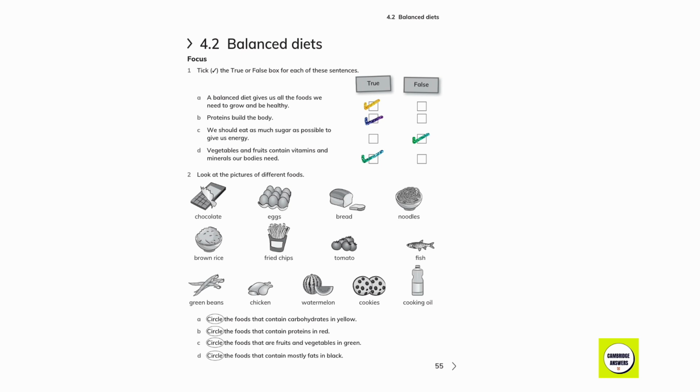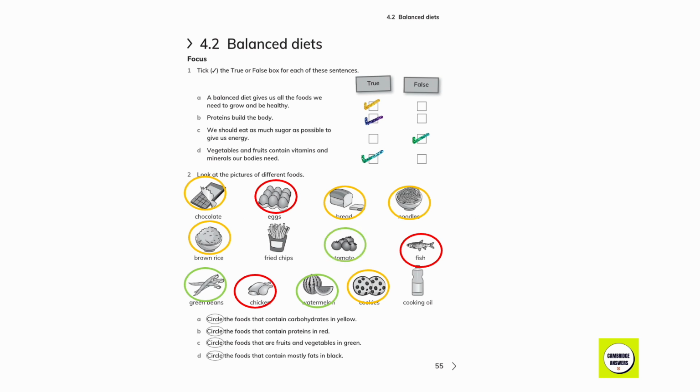Look at these pictures of different foods. Circle the foods that contain carbohydrates in yellow: chocolates, bread, noodles, brown rice, and cookies. Circle the foods that contain proteins in red: eggs, fish, and chicken. Circle the foods that are fruits and vegetables in green: green beans, watermelon, and tomato.